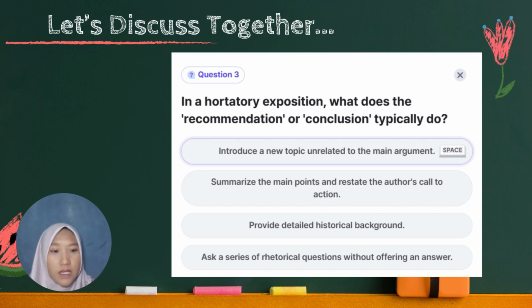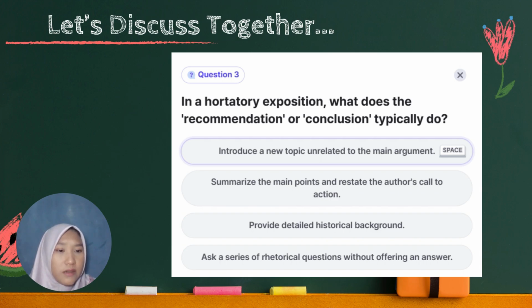Why? Because the author invites us to take actions based on the argument we discussed. Usually, it starts with phrases like therefore we should, or in my opinion, it is important to. This is the key phrase of hortatory exposition text.